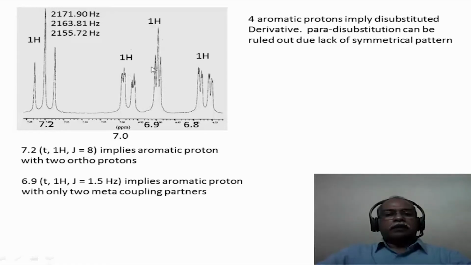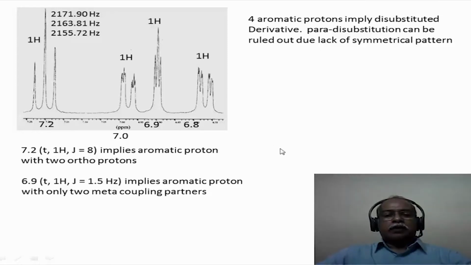This triplet and that triplet are very different, because this one is a large-coupling triplet, whereas this is a very small-coupling triplet. The coupling constant is estimated to be about 1.5 Hertz. This would correspond to 2 meta coupling partners for this hydrogen. In other words, this hydrogen has 2 meta hydrogens, and this proton has 2 ortho hydrogens.